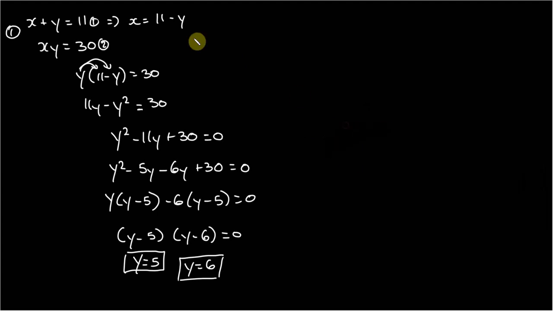When y equals 5, x equals 11 minus y, so 11 minus 5, which is going to give us 6. And so our first set of coordinates is going to be 6 and 5.